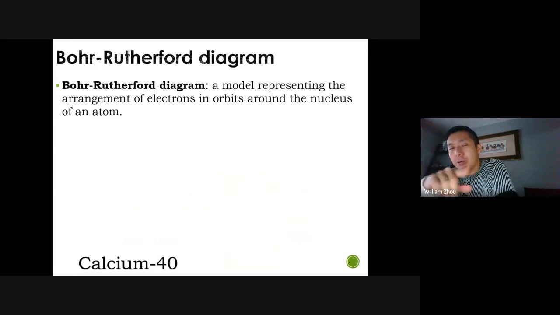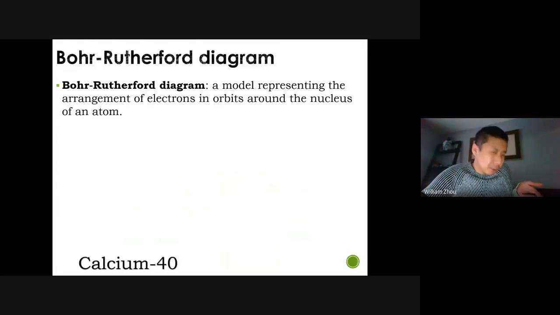And by the way, Bohr-Rutherford diagrams are just models that we use to represent what atoms look like. I'm going to show you in detail how to draw one properly, because a lot of even textbooks get it wrong. Okay, it's not fair to call it wrong. They draw Bohr-Rutherford diagrams inaccurately.